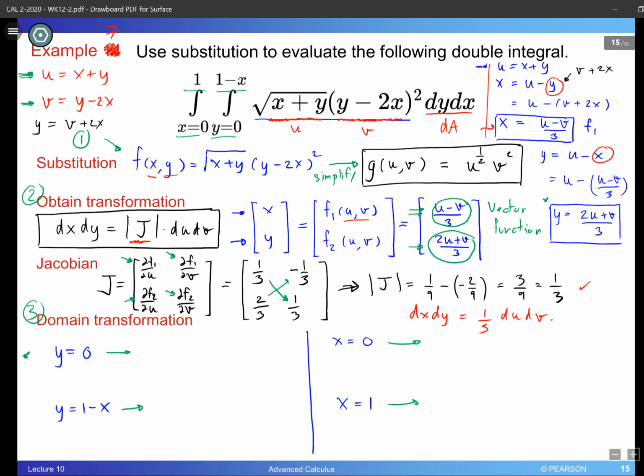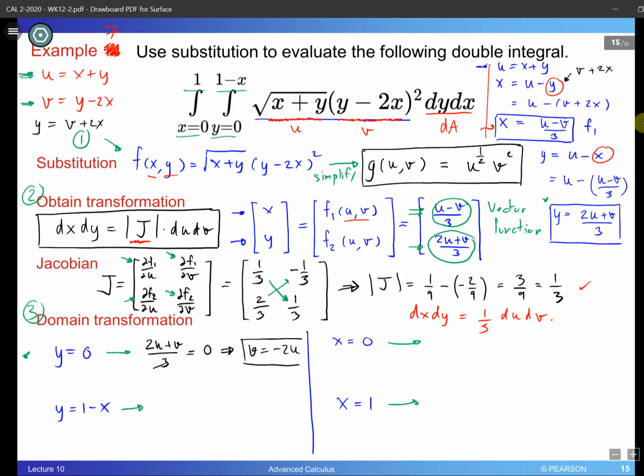Let's use that. So y is equal to (2u plus v) over 3. And from this equation, this is supposed to be equal to 0. So we can cancel this 3 away, and in the end we have this relation: v equal to minus 2u as the first boundary in terms of v and u.